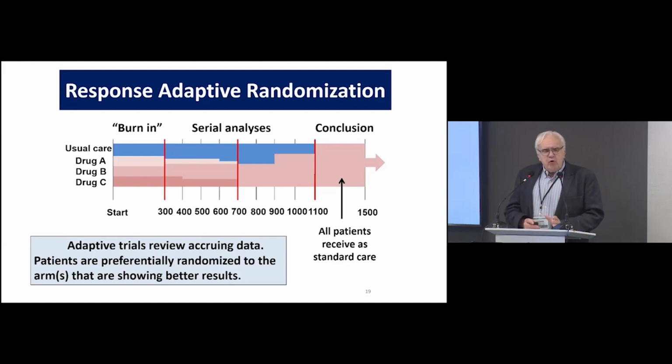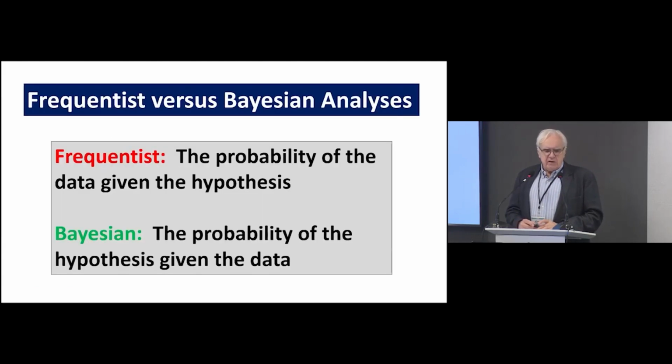And at that point, all patients receive that as part of standard care. So that's a very, very attractive concept because it really marries clinical research and quality improvement, and integrated into the healthcare system, you could be constantly improving and updating the care you provide patients based on the information that's coming through the clinical trial.